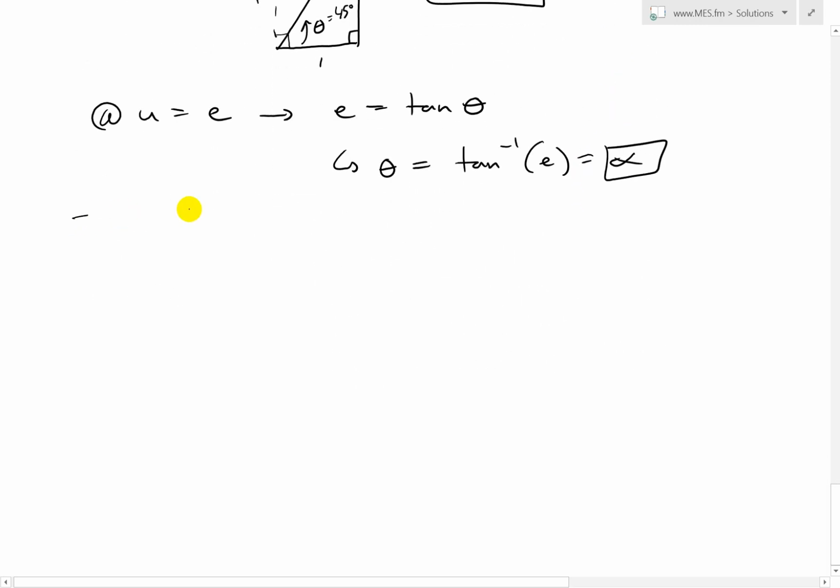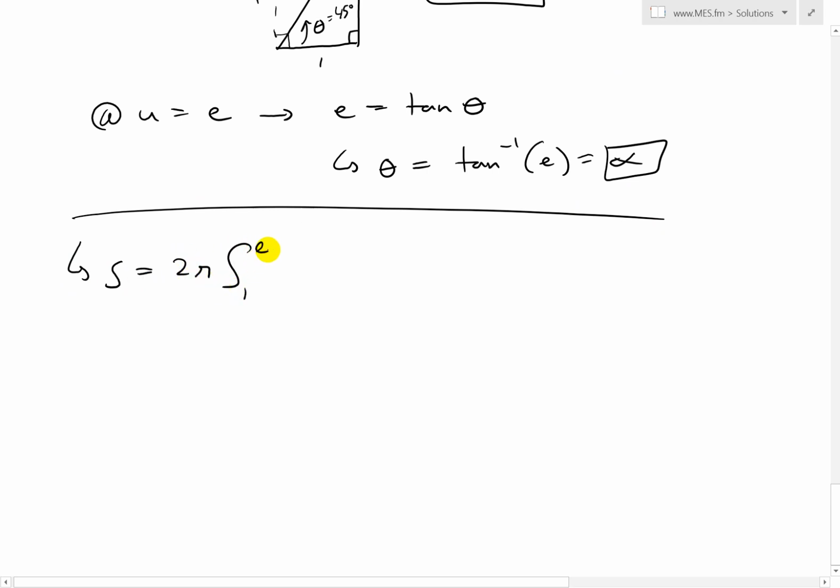So now we have everything. Now we can just plug in everything together. So S equals 2 pi, integral from 1 to e of square root 1 plus u squared du. Now this equals 2 pi still there. The integral is going to be from pi over 4 to alpha.